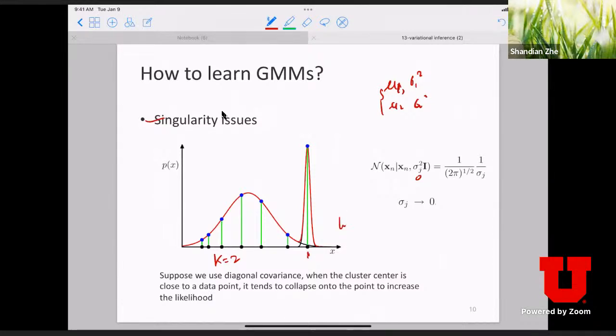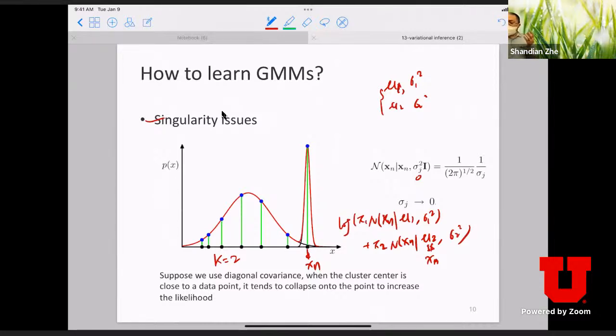Its log marginal probability will be pi1 times N of xn given mu1, sigma 1 square, plus pi2 times N of xn given mu2, sigma 2 square, and mu2 happens to be xn or very close to xn.